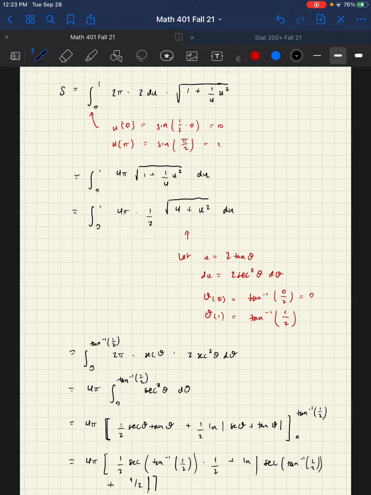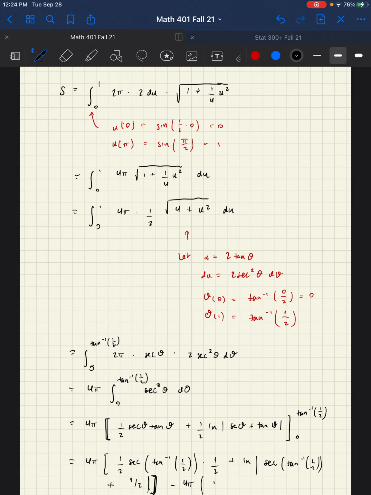I ran out of room here, but I'm going to power through anyway. That's the first evaluation, minus 4 pi times tan of 0, which is 0.